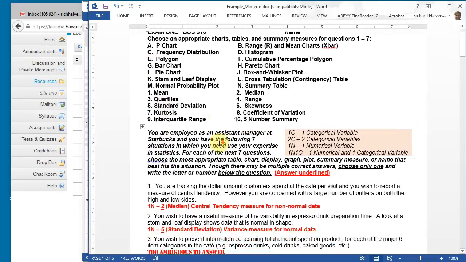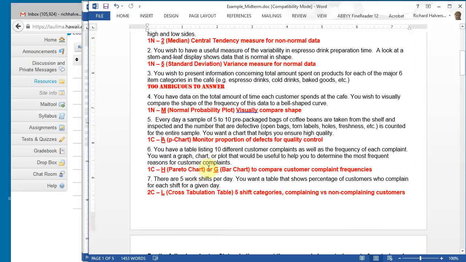Okay, next we have a table of 10 different customer complaints as well as the frequency of each complaint, and we'd like a graph, a chart, or a plot that would be useful to determine the most frequent reasons for customer complaints. So we're looking at the most frequent. We could actually use a bar chart.